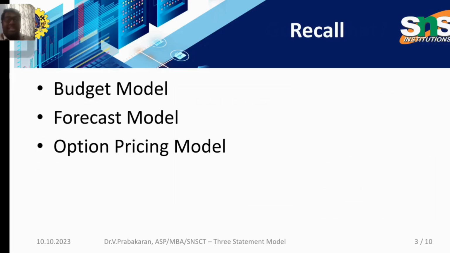That model is a ready-made template available on the open platform, which the company can make use of. The forecast model will help you from the operations point of view: you can forecast figures like income, revenue or profit, or futuristic sales, everything in this model. The option pricing model is a derivative model where you can get the price of a futuristic product.